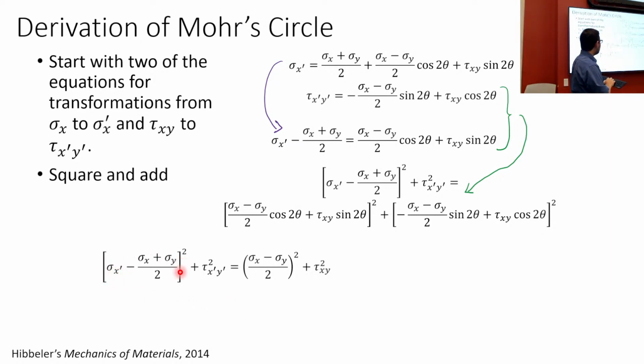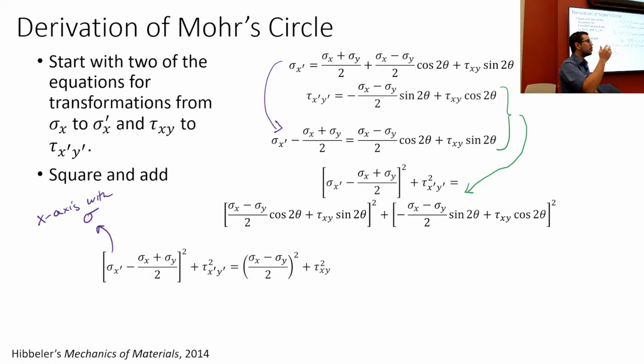We have something minus something squared plus something squared equals something that we can take the square root of. Okay? So what's going on here? Well, we're going to say that we have one axis that we're going to define as sigma.